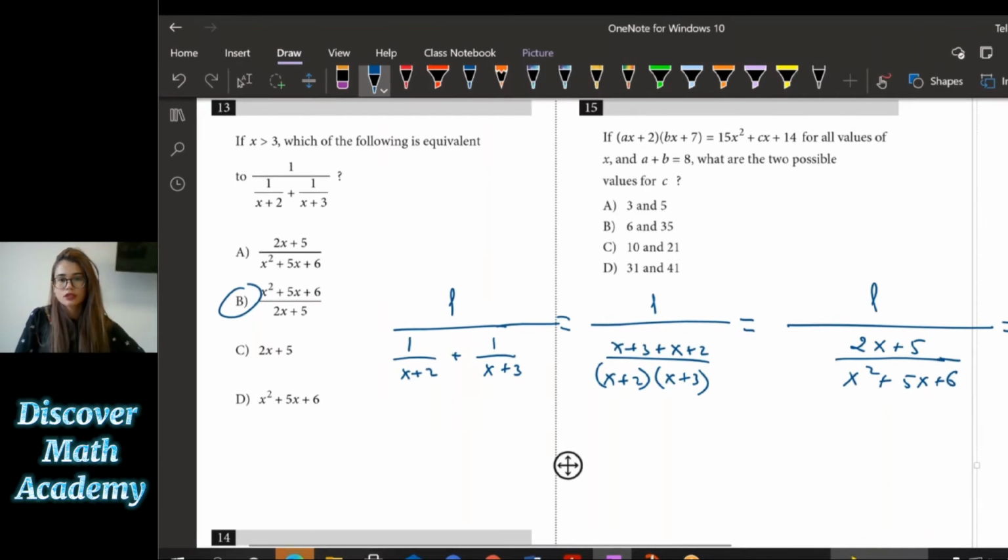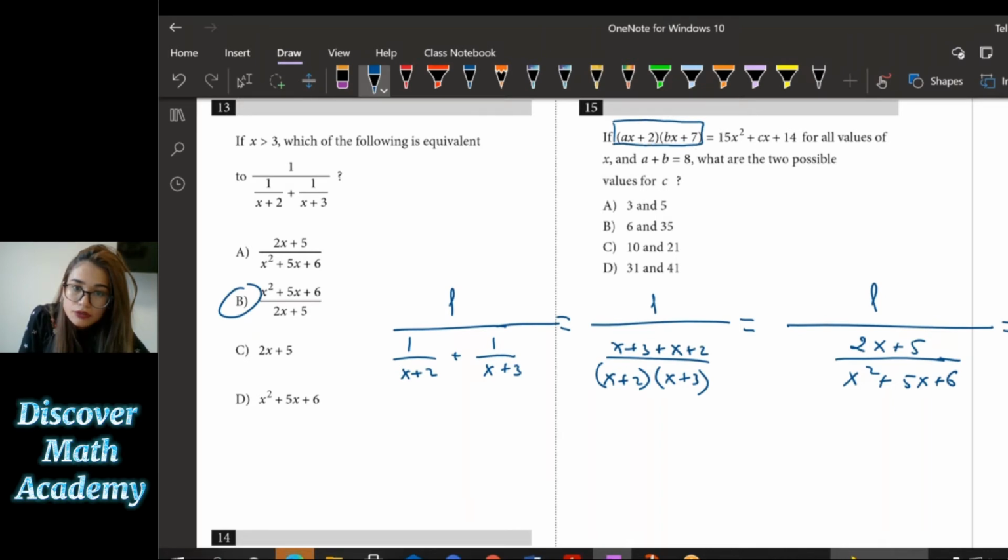Ax plus bx, okay. Two sides equal to each other. It's a popular question for SAT, so I need to make them equal. Let's open the bracket. Ax multiplied by ax plus 2 multiplied by bx plus 7. Let's open this bracket.